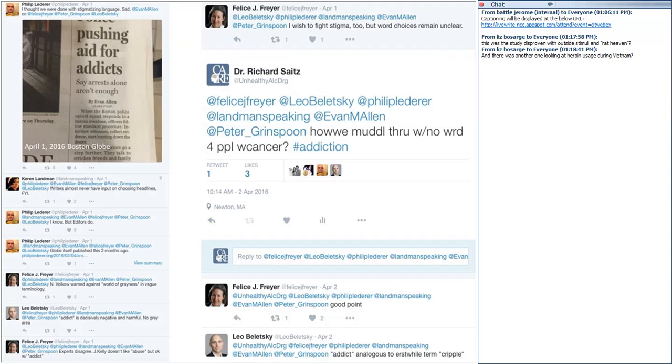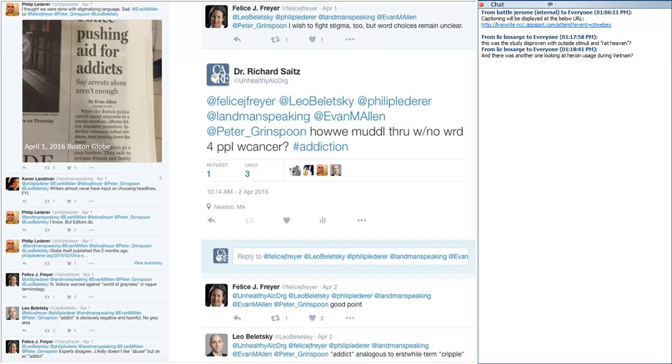But many of us pointed out that somehow we seem to be able to report on people with cancer without a disease-first word to call them. We call them cancer survivors or people with cancer or people who suffer with cancer. We don't have an equivalent of addict for person with cancer. And somehow we're able to write newspaper stories about that.